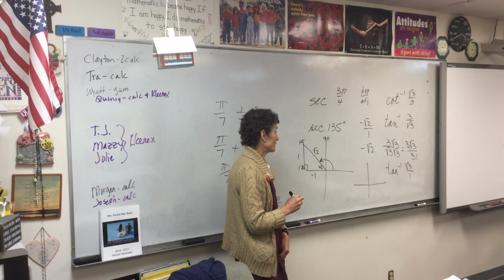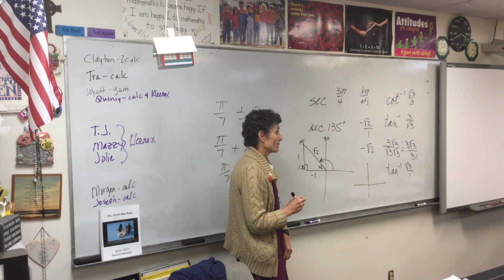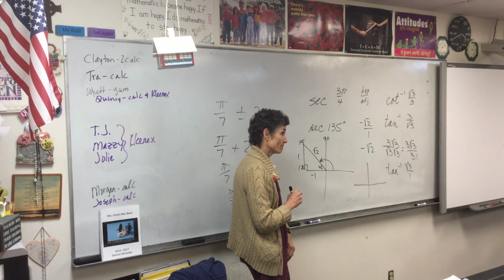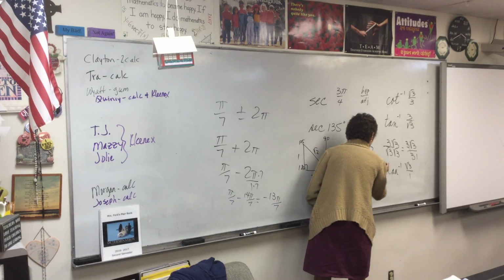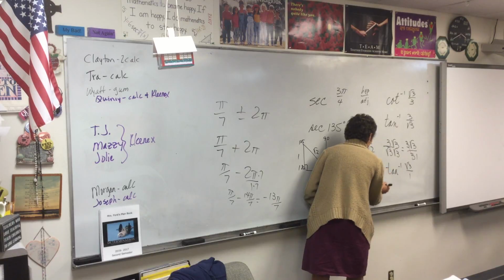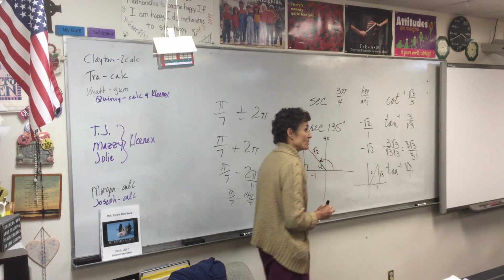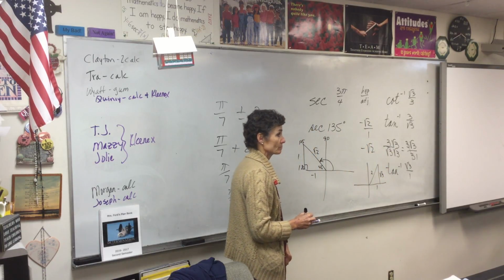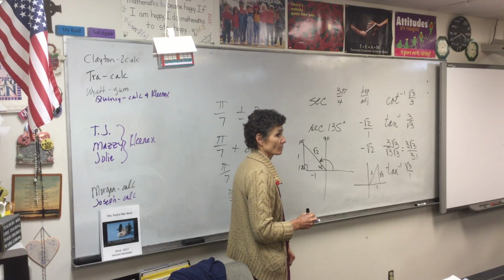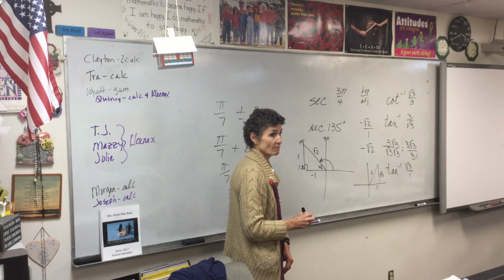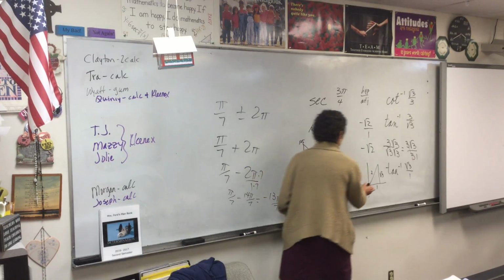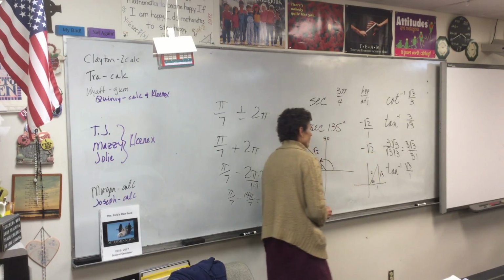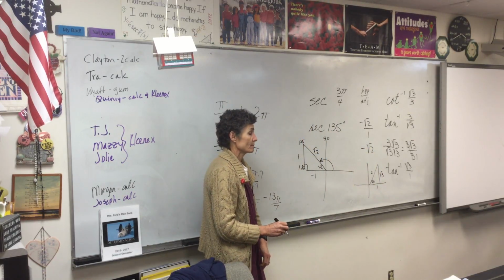What are my choices with inverse tangent? 1 and 4. Positive number, so it's got to be 1. And the tangent is opposite over adjacent. So there's my triangle. Does that make sense to everybody? So what's the angle? 60. So the answer to the problem is 60 degrees.